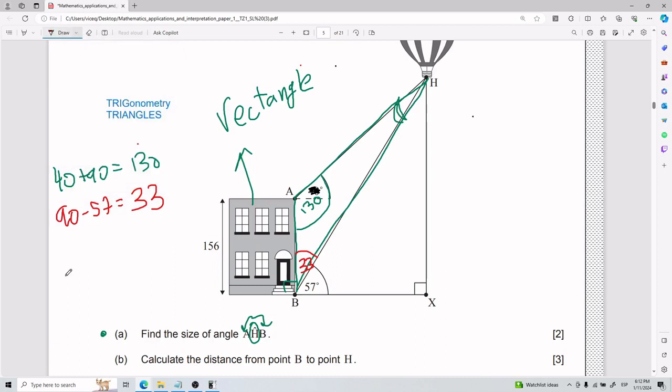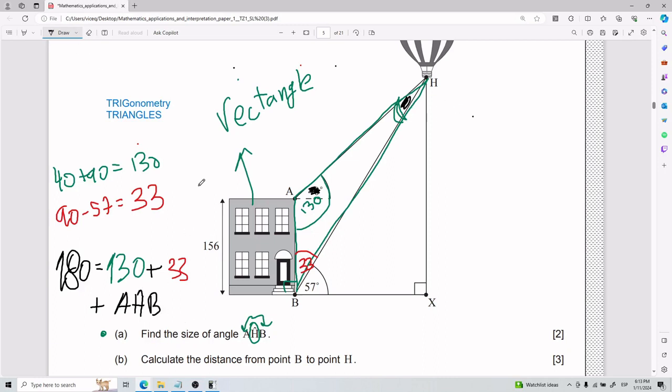The sum of angles of a triangle is 180. So 180 is going to equal this 130 that I got in green, plus this 33 that I got in red, plus my favorite angle AHB, which is this guy here.